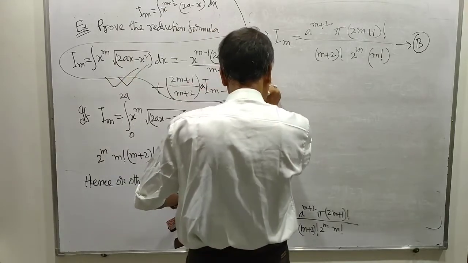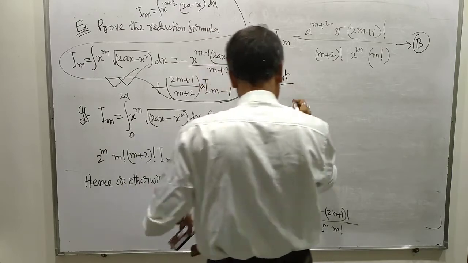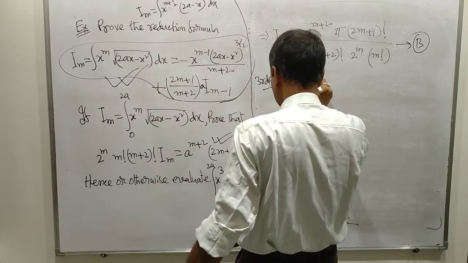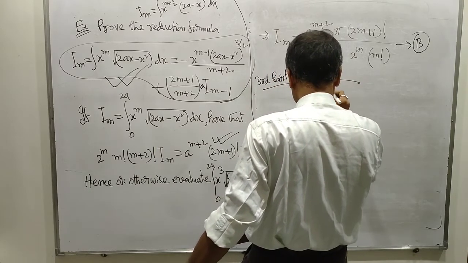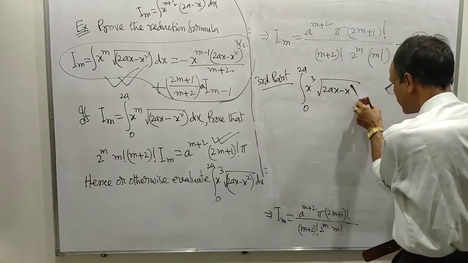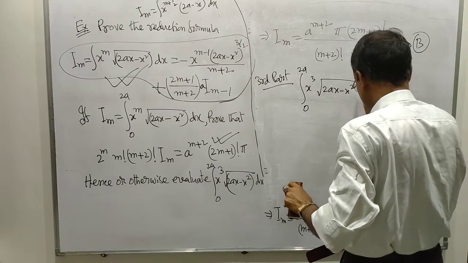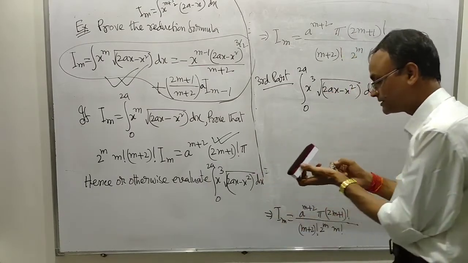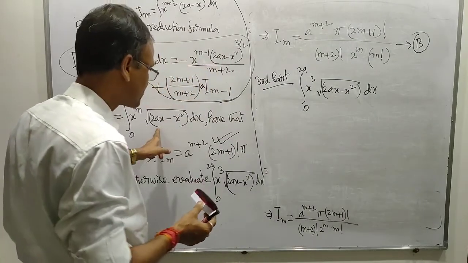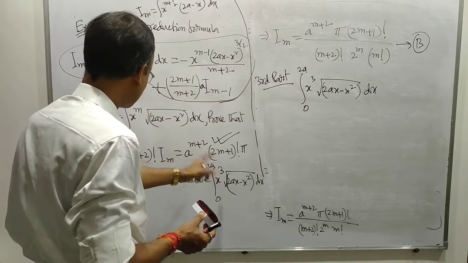Now the third part: integration 0 to twice a of x cube root over twice ax minus x square, dx.